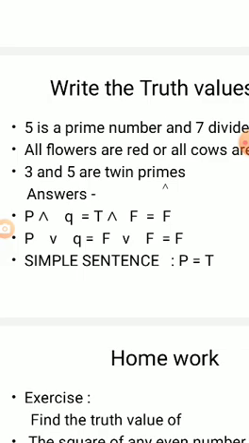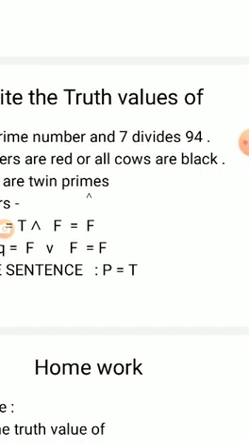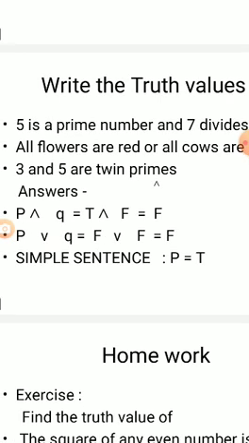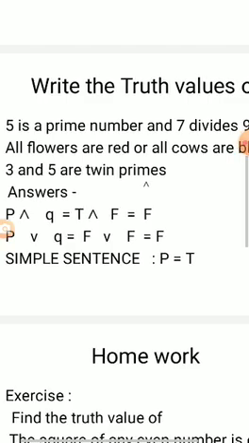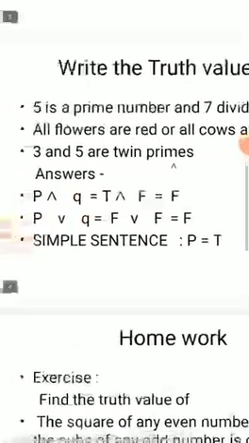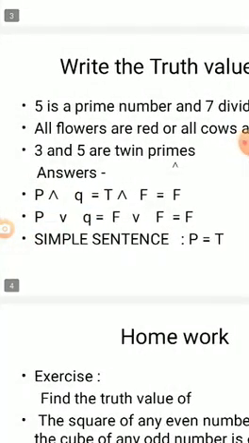All flowers are red or all cows are black. All flowers are red is not a true statement. Some flowers are red, but a flower can be of any color. All cows are black? No, false. So both statements are false statements.